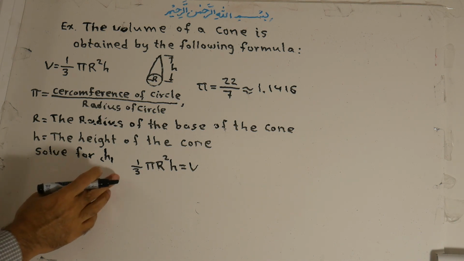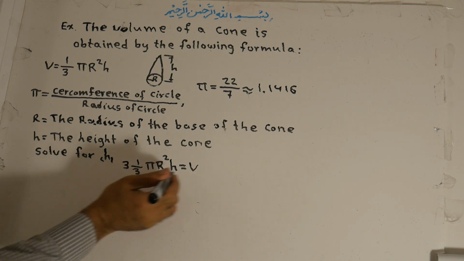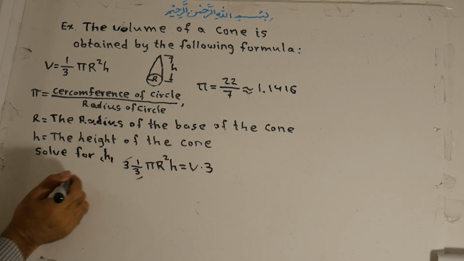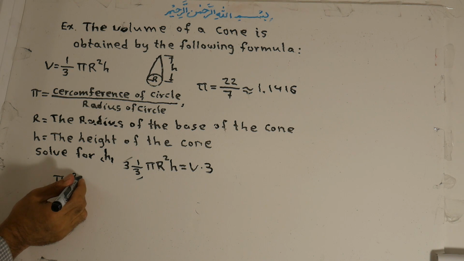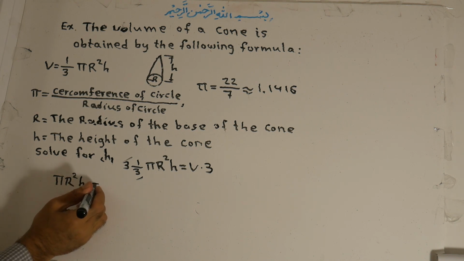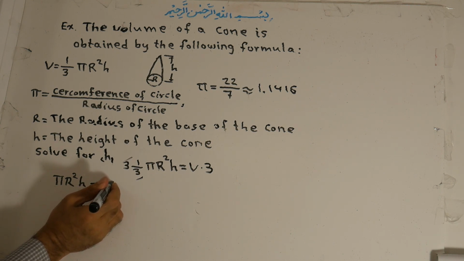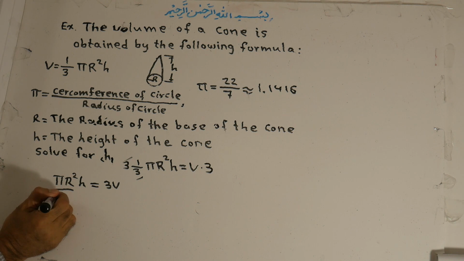Now, in order to remove the 3 from here, we should multiply both sides of the equation by 3. 3 cancels the 3. Here remaining pi r square H is equal to 3V. Now, to remain with only H here, we divide both sides by r squared.